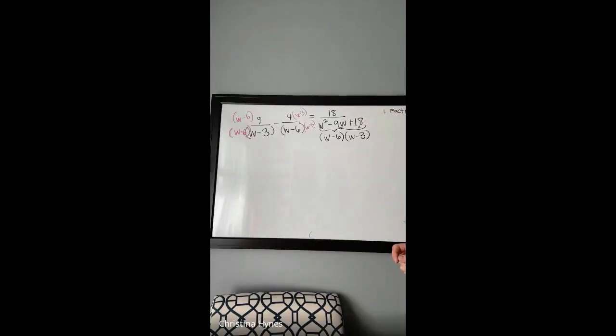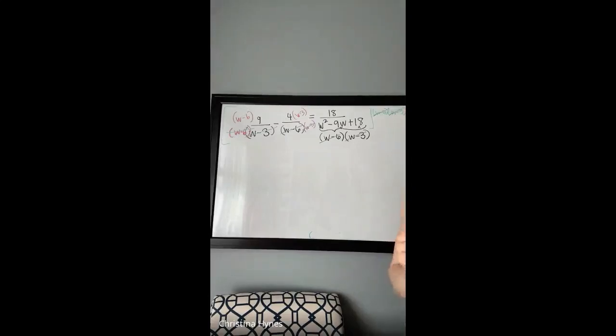And then what you're really doing is you're multiplying the entire equation by that common denominator. So our common denominator is w minus 6, w minus 3. If you do that, that crosses off every single denominator as long as they're all the same.